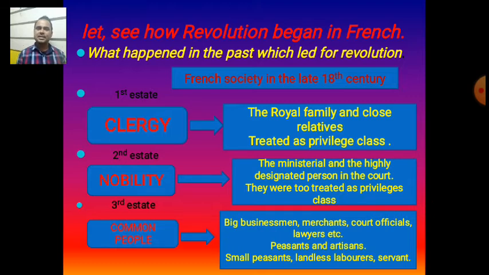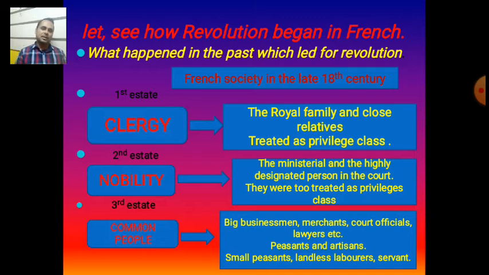In 18th century France, the society was divided into two classes, called privileged and unprivileged. In the privileged class, some groups of people, the clergy and nobility, come. The clergy were also called the first estate, the nobility the second estate, and the common men the third estate.